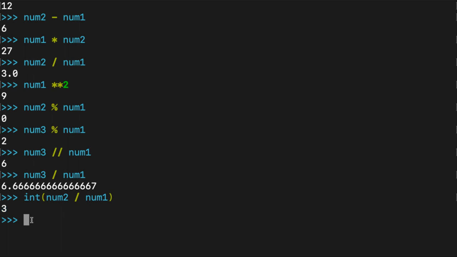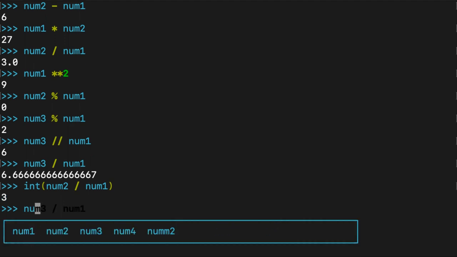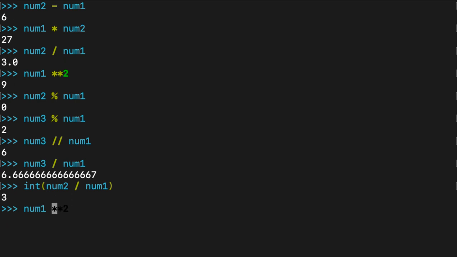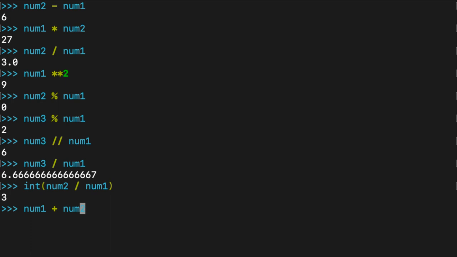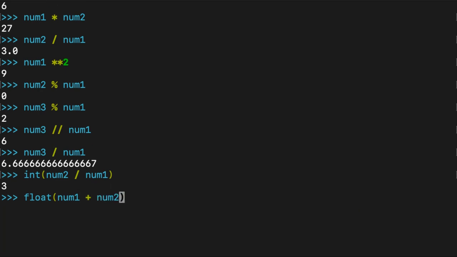Likewise, I can take my num1 plus num2 operation, and I can say turn that into a float, please, which means I'm going to get a decimal value for my result rather than just the normal integer that I would expect. So that's what we call casting.